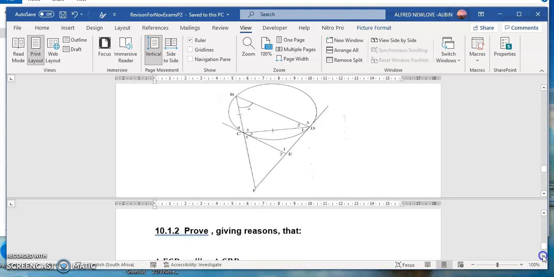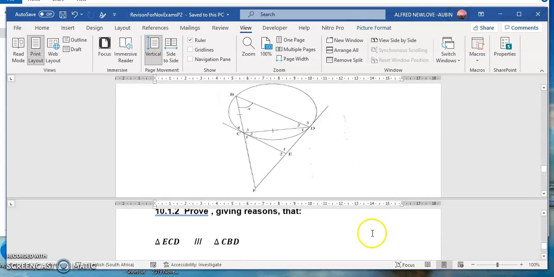Then the next question says, prove, giving reasons, that triangle ECD is similar to triangle CBD. Where is ECD? We want to prove that this triangle is similar to CBD, this one.